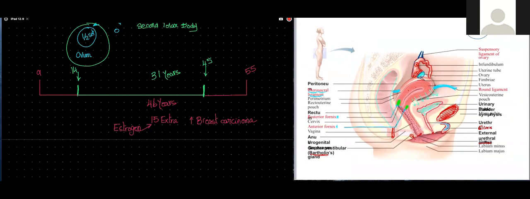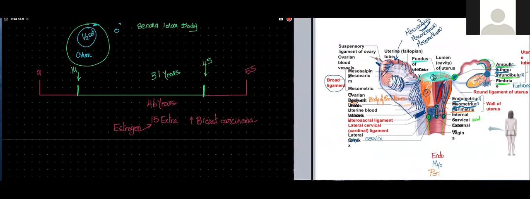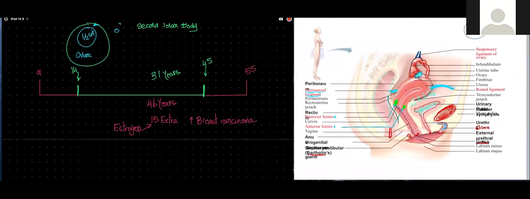A 10 stars diagram will be showing here a sagittal section of the female pelvis, showing the reproductive organs in females and their relation to the surrounding digestive and urinary organs. This is a 10 stars diagram.